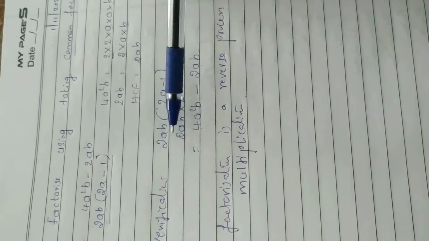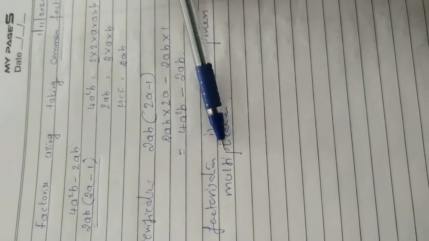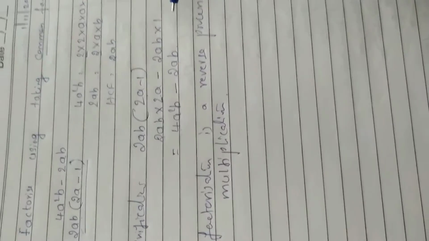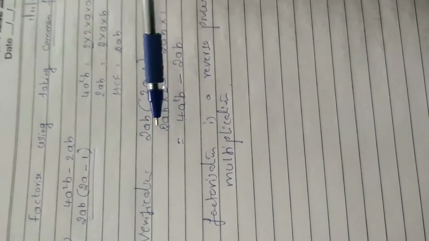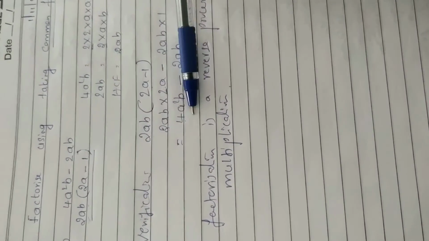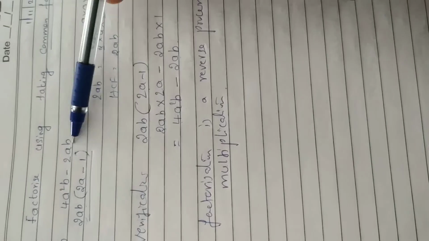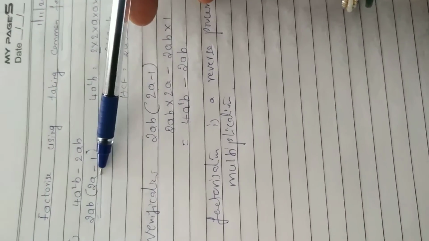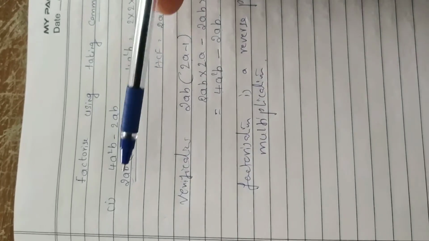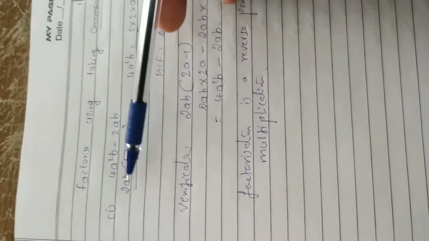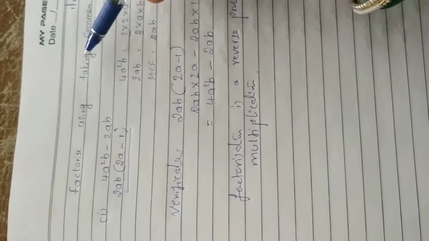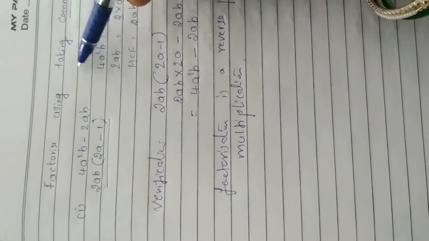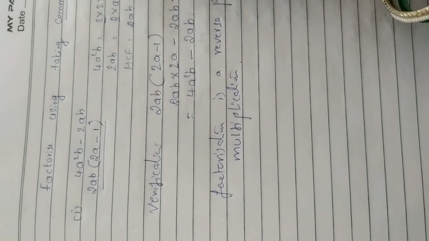By the verification we can say factorization is a reversible process of multiplication. This method is called finding the factors of a given expression by taking common factor, or the HCF method.